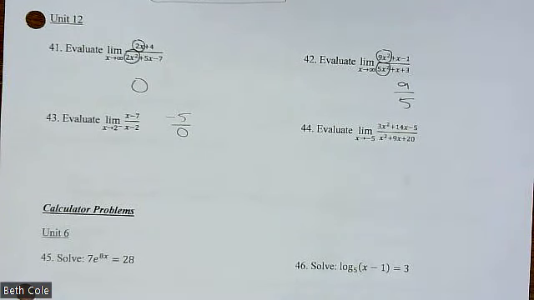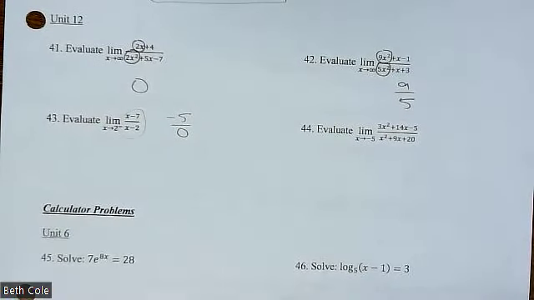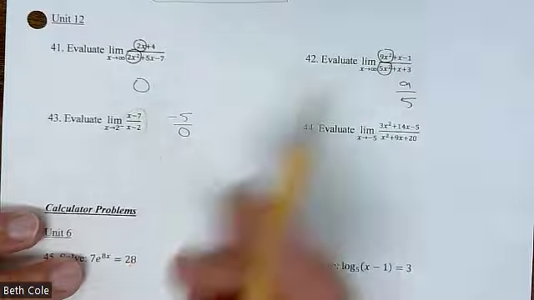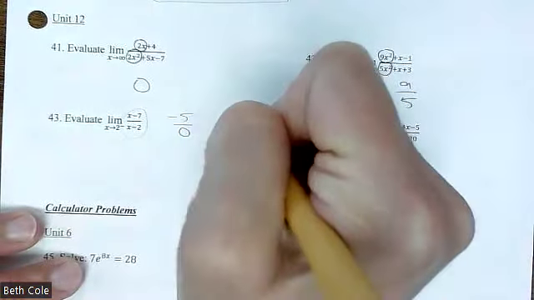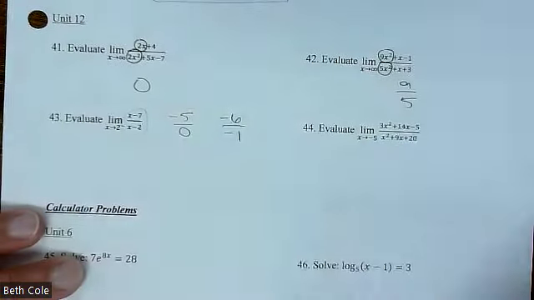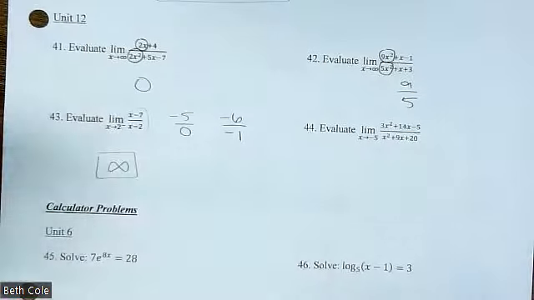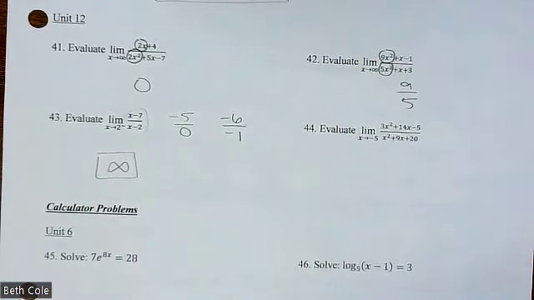It's either positive or negative infinity. Give me a number to the left of 2. 1. We're going to plug 1 in here and just see if it's positive or negative. That's all. So 1 minus 7, -6. 1 minus 2 is -1. That's a positive result. So positive infinity. You're just testing positive or negative.